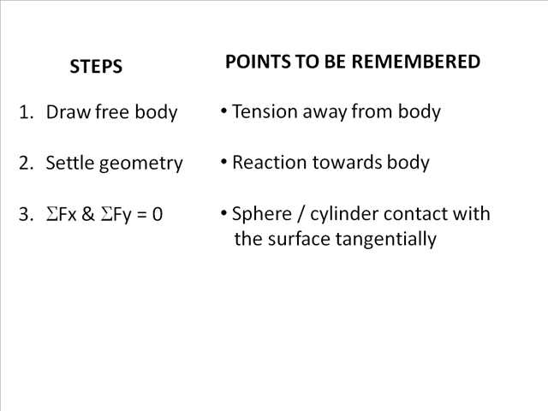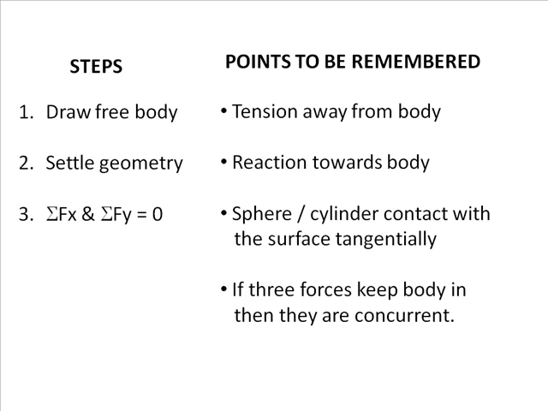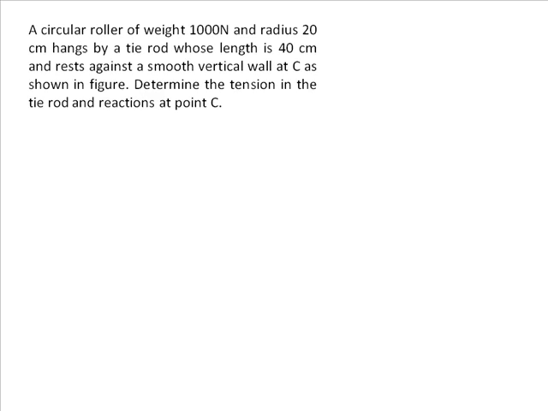When spheres, cylinders, rollers, etc. touch each other or touch the ground, a wall or any surface, that contact is tangential and only at one point. And finally, if three forces act on a body and keep it in equilibrium, be assured that those forces have to be concurrent. Keep all these points at the back of your mind. You don't have to remember them, but just be aware of them. And let's look at the problems.